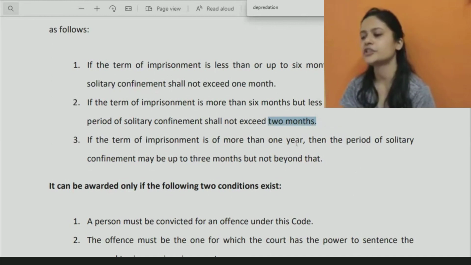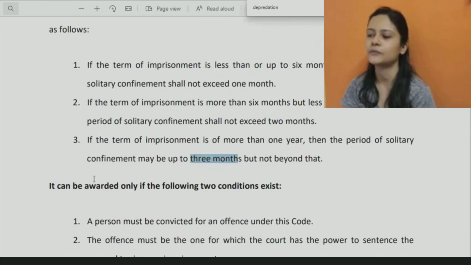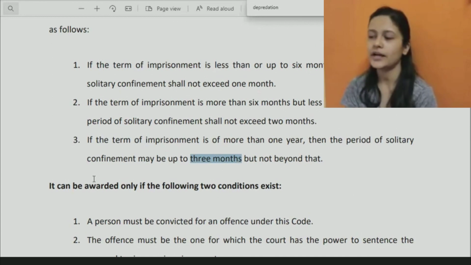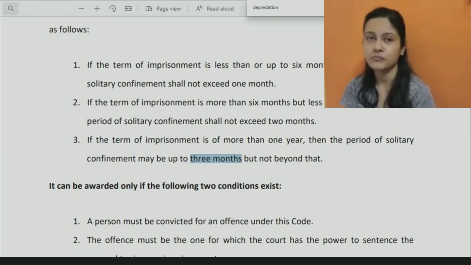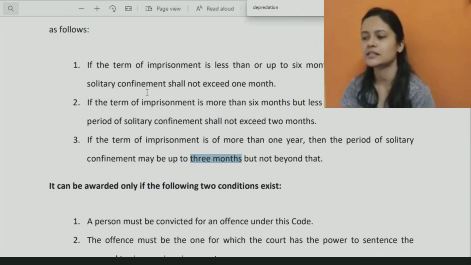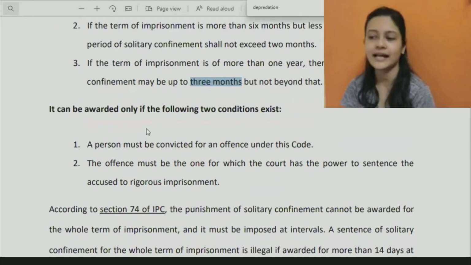If imprisonment is more than 1 year, then solitary confinement can go up to 3 months. So above 3 months, in no case it can be allowed. All right. And depending on the total term of imprisonment, solitary confinement's duration also will be decided.